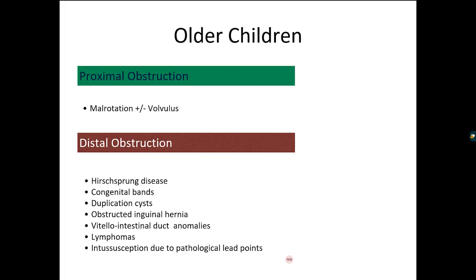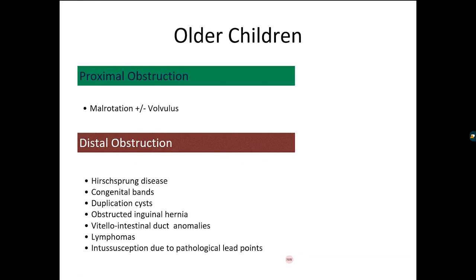Of the distal obstructions, Hirschsprung disease can present at any age. In the older children, they present mostly with features of chronic constipation, with or without features of failure to thrive. Congenital bands, obstructed hernias, lymphomas, intussusception due to secondary causes like polyps or tumors can occur in this age group.